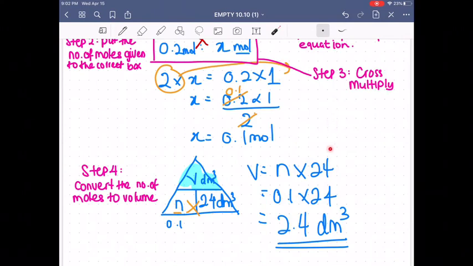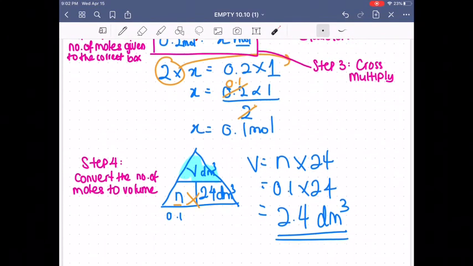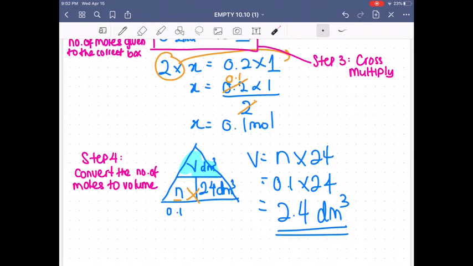The third step, you must do cross multiply. Focus on the 4 things here, then you do your normal cross multiply to find the unknown x. So you get 0.1 mole. You haven't finished, you need to convert to volume. So how do you convert this mole to volume? Step 4, convert the number of moles to volume by using this triangle. Please remember this by heart.